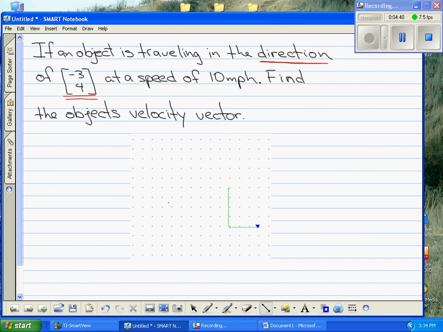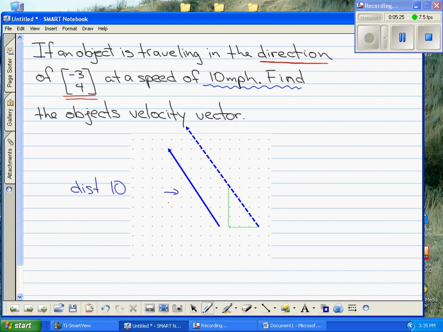Now, we know that the speed of the object is 10 miles per hour. So what we want to find is a vector that travels in the same direction as this vector, with one subtle difference. This vector has a speed. Therefore, we want this vector to have a length of 10. Why 10? Because we are traveling 10 miles per hour.